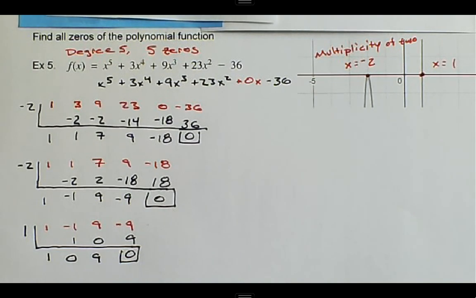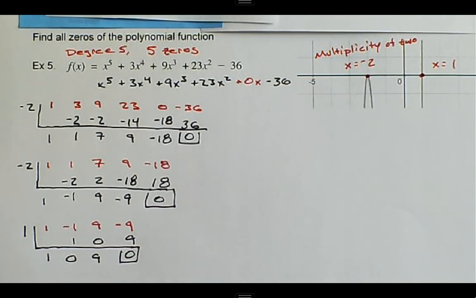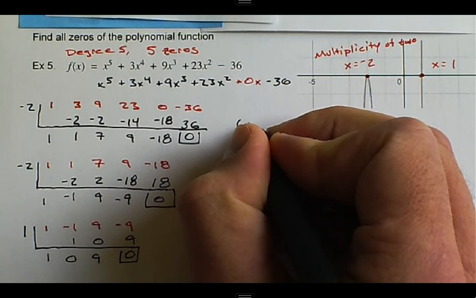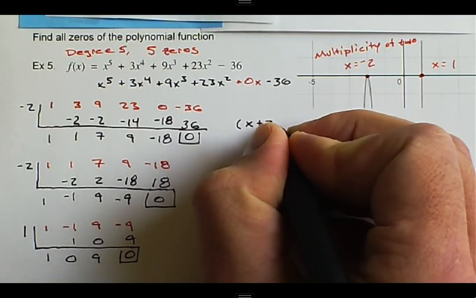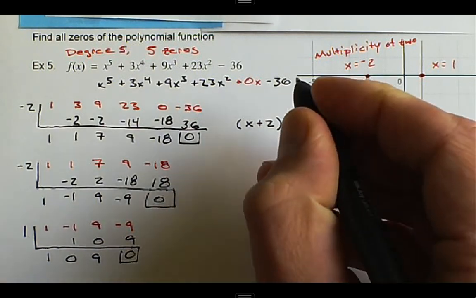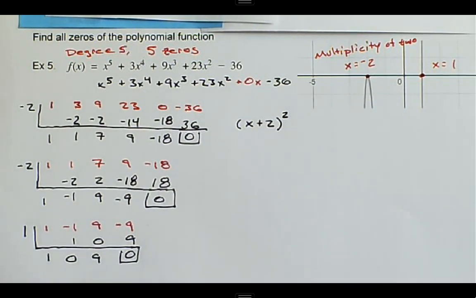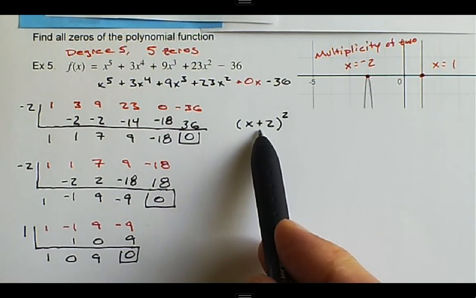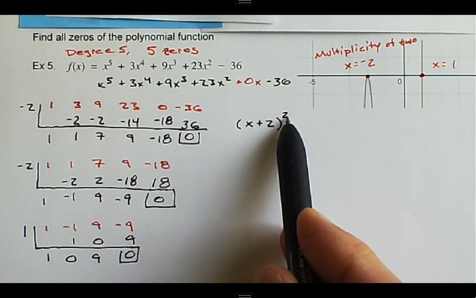And so what this tells us is that we factored out three factors. So we factored out x plus 2. That's actually a double root. And so we can square that up there because that is a double root. Both of these represent the factor of x plus 2 squared.